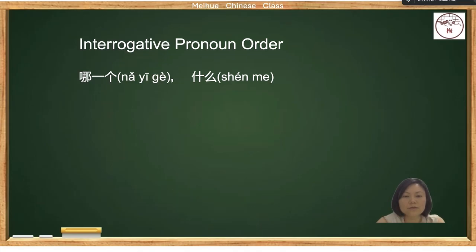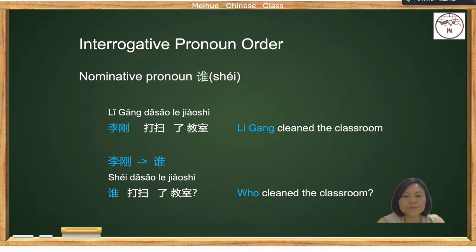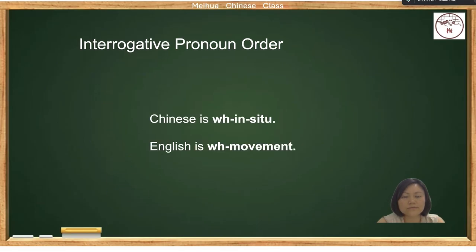Coming back to the first slide, as I said here, Chinese is WH in situ. English is WH movement, meaning from a declarative sentence to the interrogative sentence, we should change the order in the sentence.